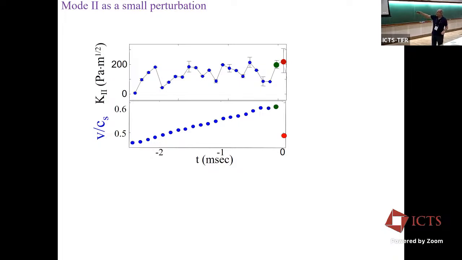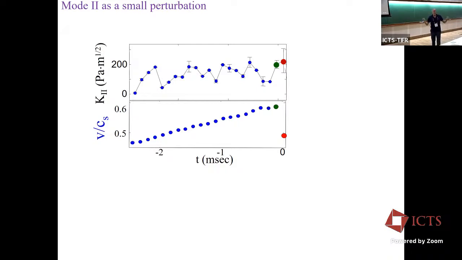We saw this oscillating K2 component for each one of these, and nothing really special happened between this point and this point. We were not happy campers because it took her about 2 years to do these experiments. And this is like the final thing.